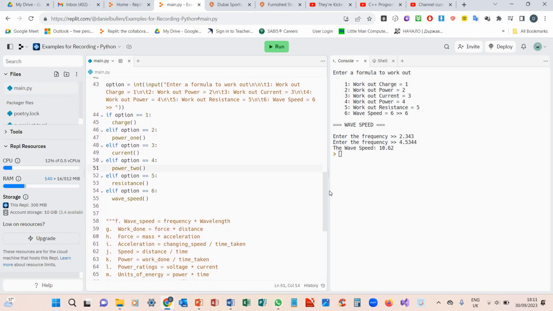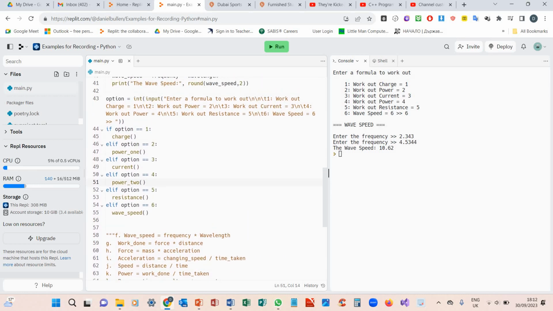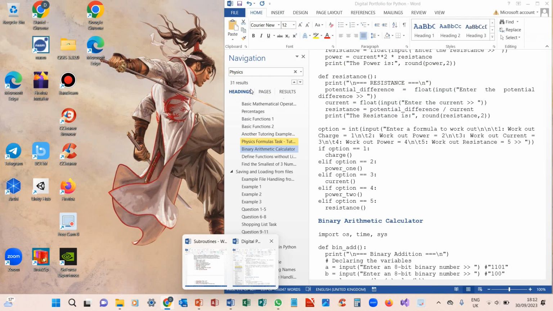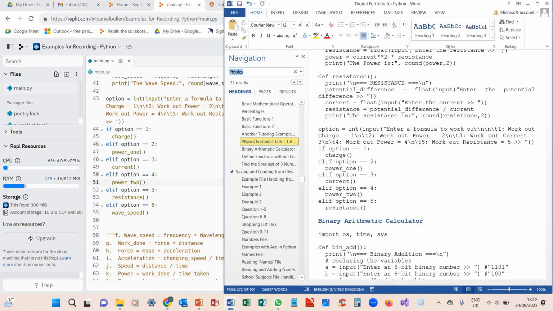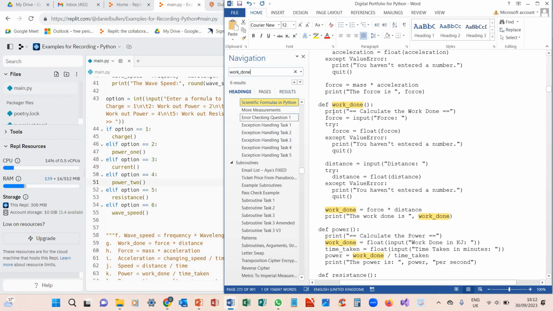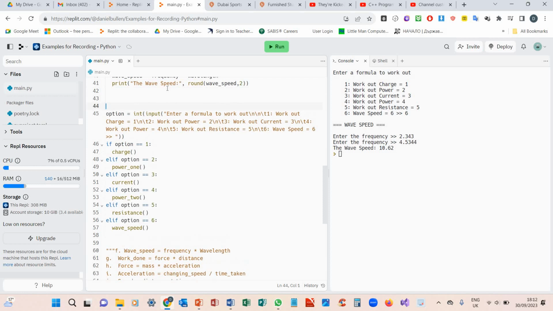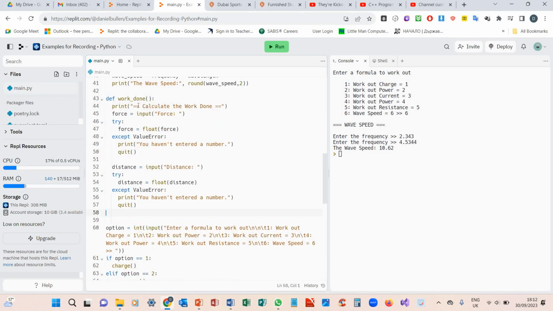So let's say we want to do the work done now. And what we can do, if we really wanted to, is calculate the work done and we could have some exception handling. So let's say we want def work done. We could do some exception handling there.